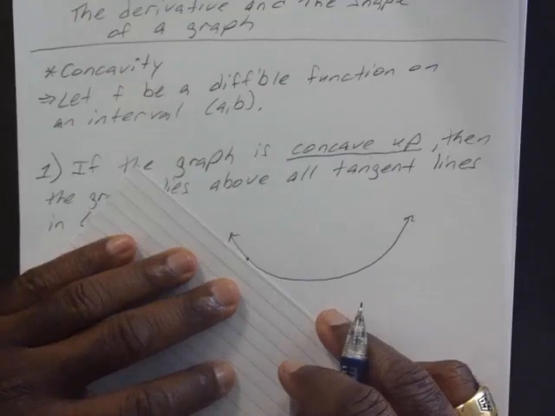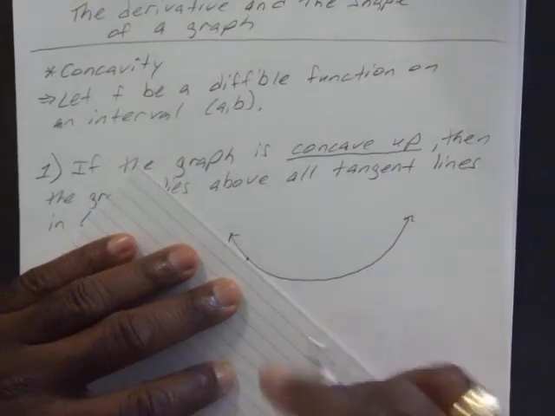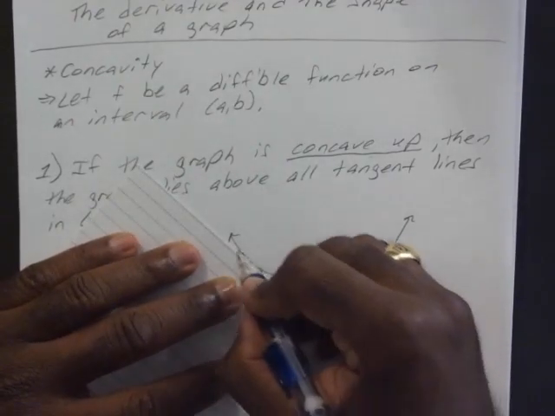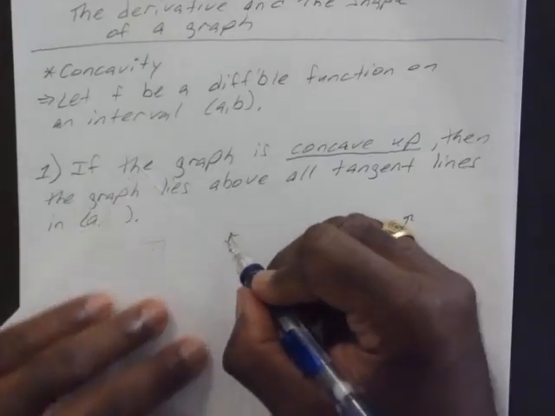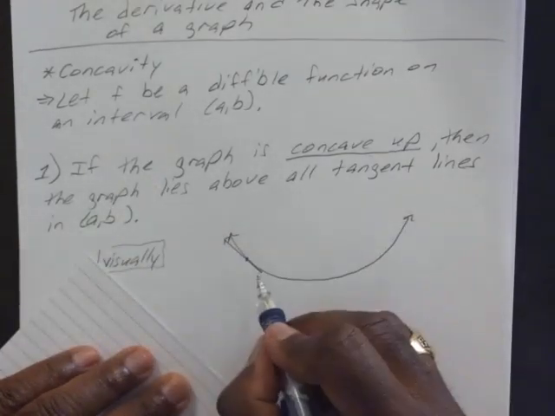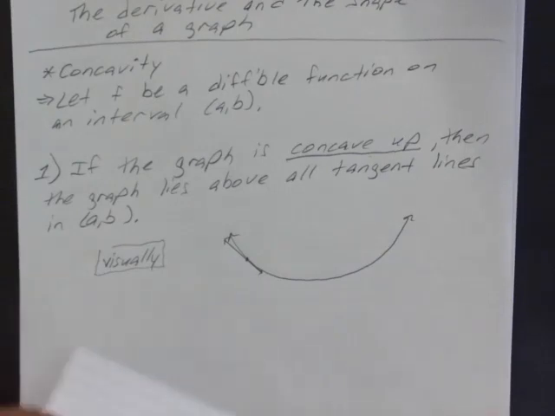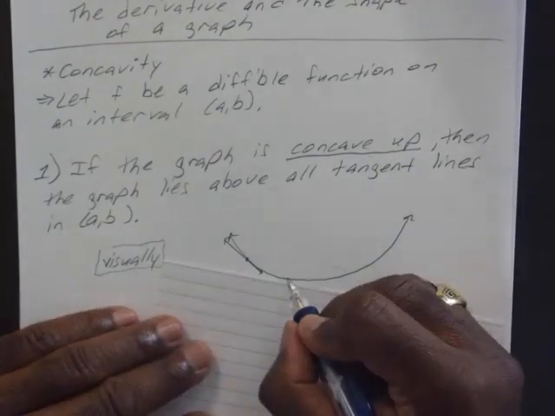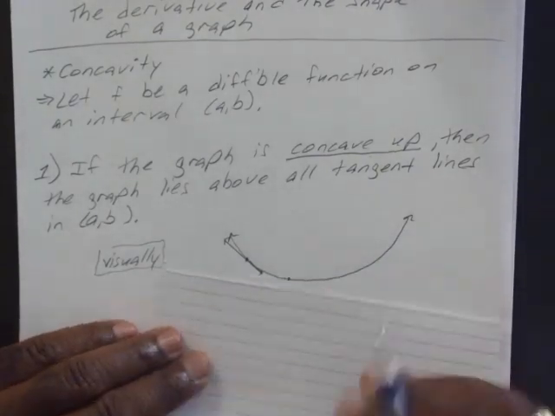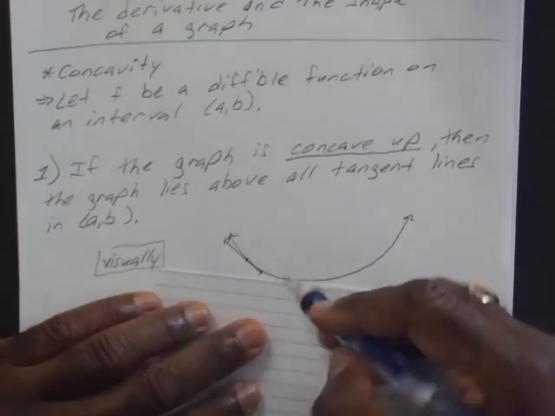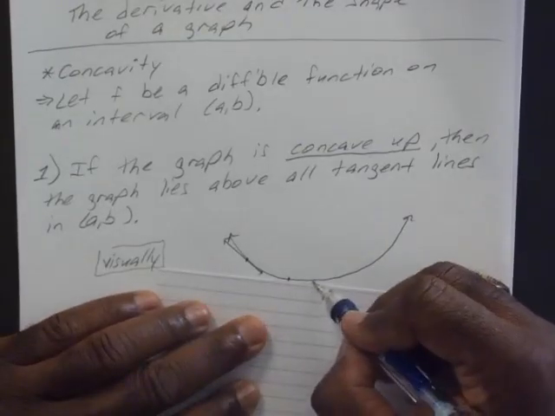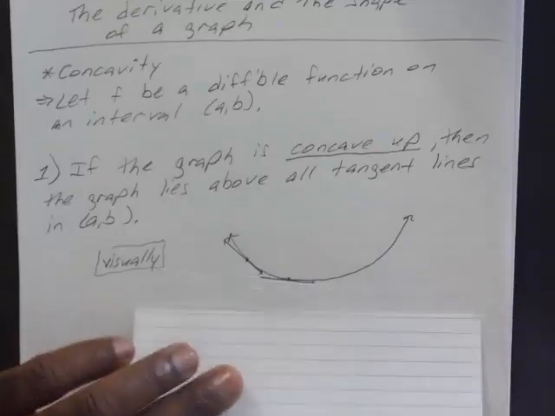So it will look something like this, give or take. Well, what if we decide to draw one at a different spot? If we drew one right here, same thing, it'll look somewhat like that.